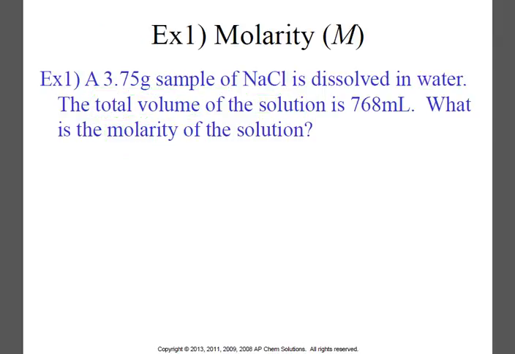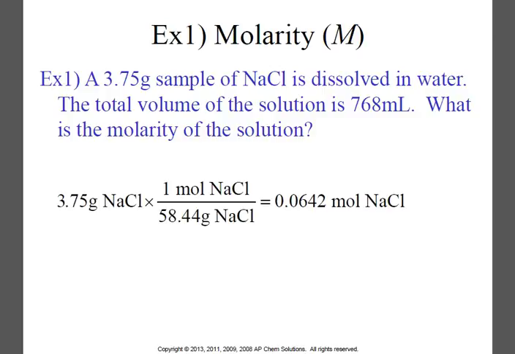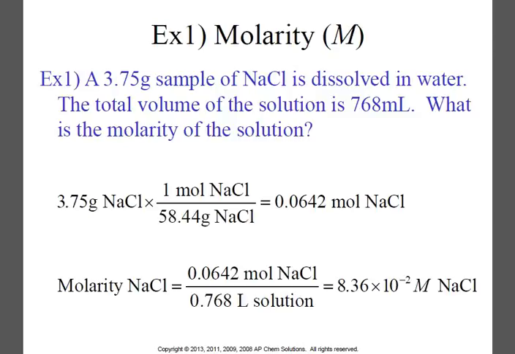All right, let's move on to looking at the math here. So for molarity, we have moles over liters. So the first thing we've got to do is change the grams of sodium chloride, which is our solute, into moles. So remember to do that, we multiply by 1 mole over the molar mass from the periodic table. So there we have moles of sodium chloride. Then to find the molarity, we divide those moles by the liters of the solution, which was given in the problem in milliliters.